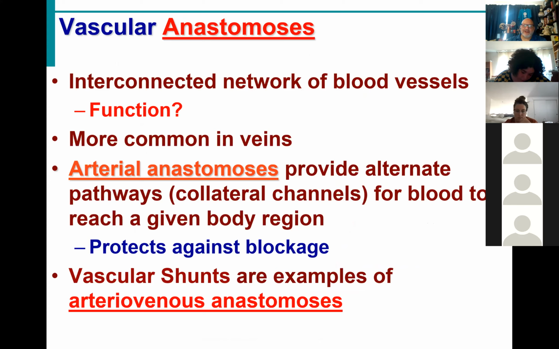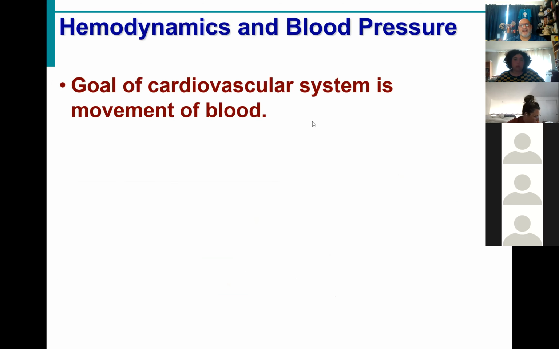So that first picture named it that, and I kind of glazed over that. But now that we've had a chance to talk more about that capillary bed, we can actually see that that vascular shunt is just another example of an anastomosis, this one that actually connects arteries to veins. All right, questions on that?